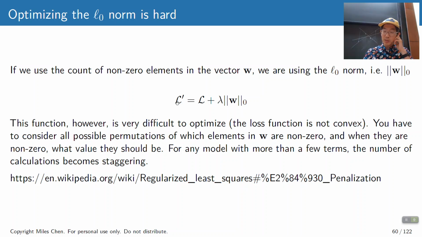And we can say our loss function is our mean squared error plus lambda times the L0 norm of W. One thing is that it is really difficult to optimize the L0 norm.